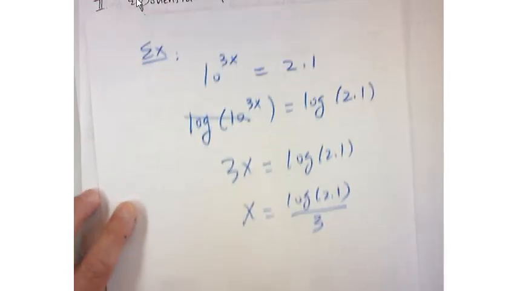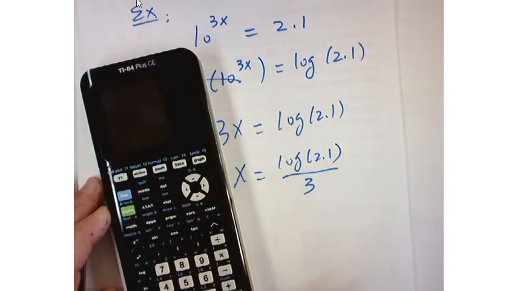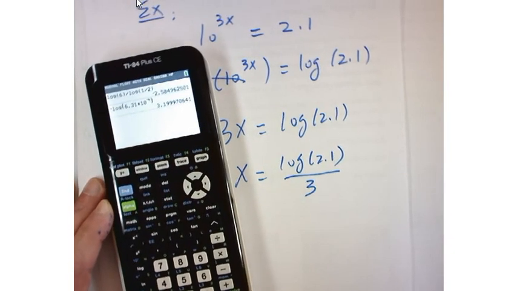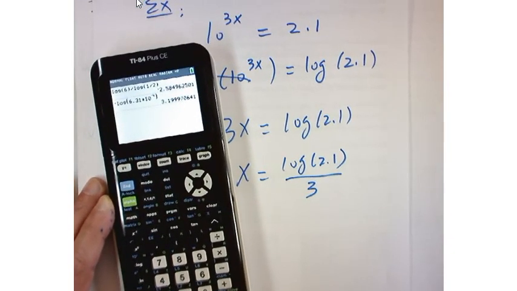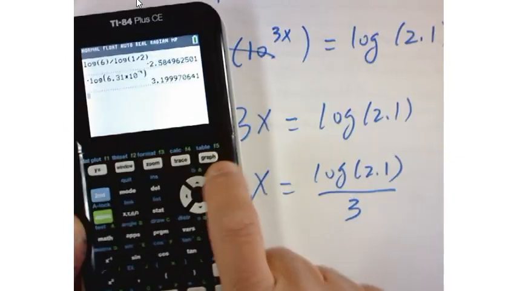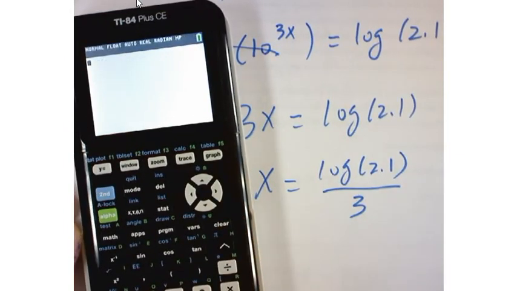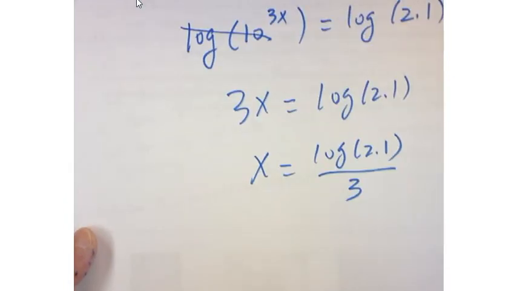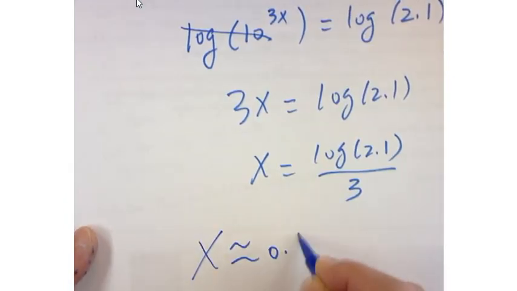If they want the exact answer, you stop there. If they want you to round off your answer, then you put it in your calculator. So we do log of 2.1 divided by 3, and it's roughly 0.1074 if they're asking for 4 decimal places.